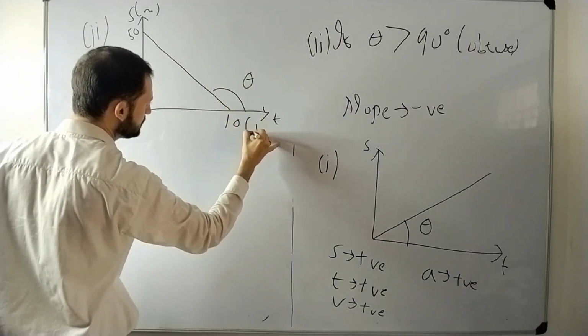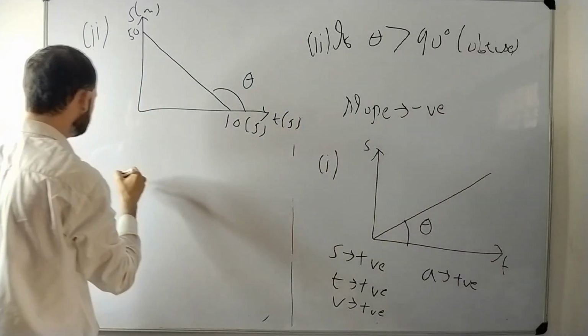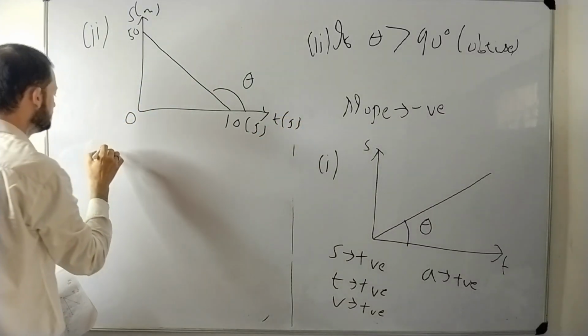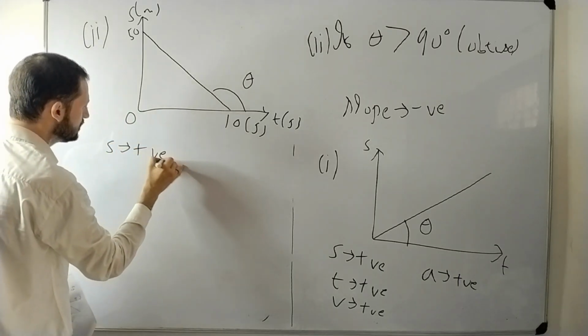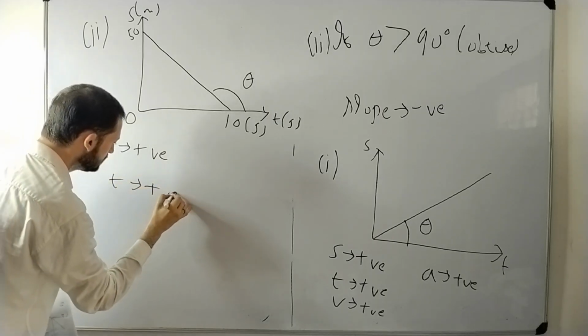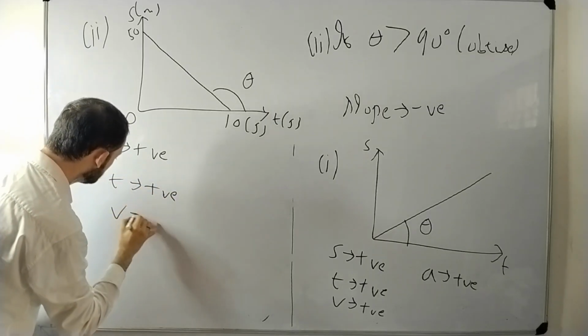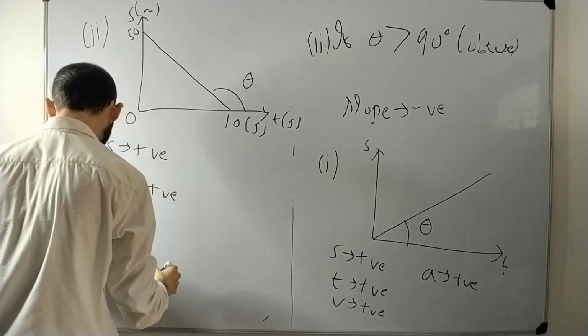We are taking t in seconds. So displacement happens to be a positive value and time happens to be a positive value. Velocity happens to be positive.